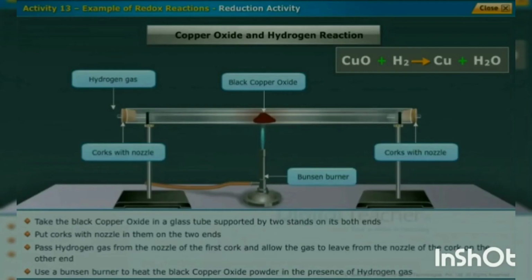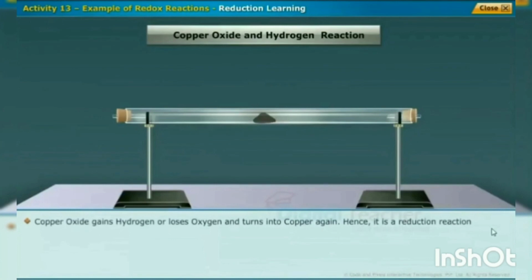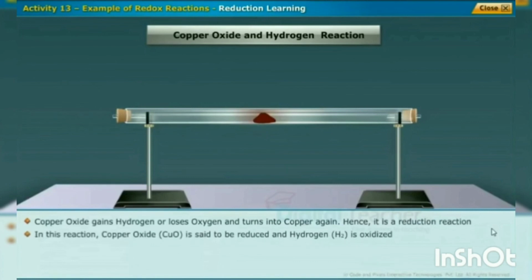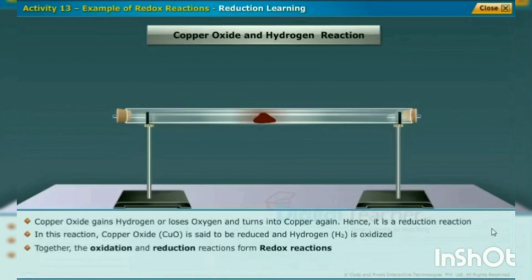Now what we observe is copper oxide gains hydrogen or loses oxygen and turns into copper again. Hence, it is reduction reaction. In this reaction, copper oxide is said to be reduced and hydrogen is oxidized. Together, oxidation and reduction reactions form redox reactions.